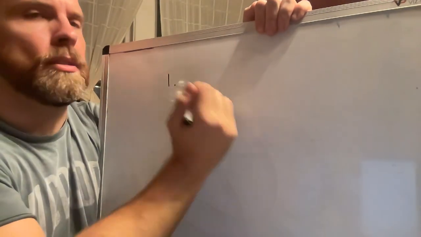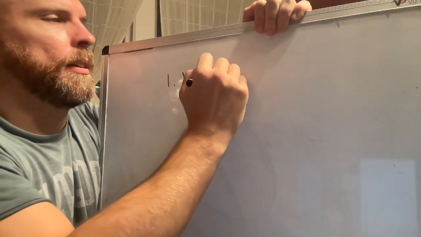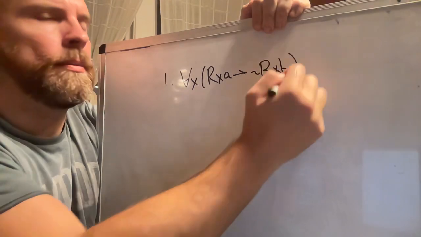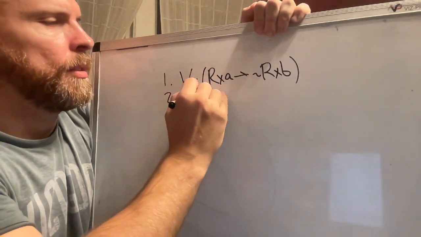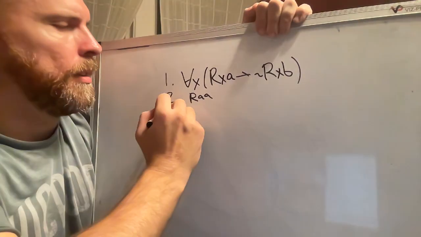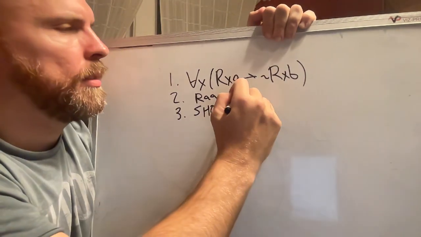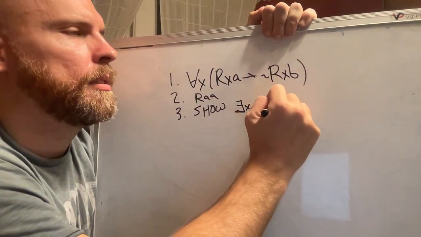We'll say on line 1, universal x, if RxA, then not RxB. That's our first premise. On 2, we'll say RAA. And what we'll do is we'll say, I want to show there is something such that it's not RxB.